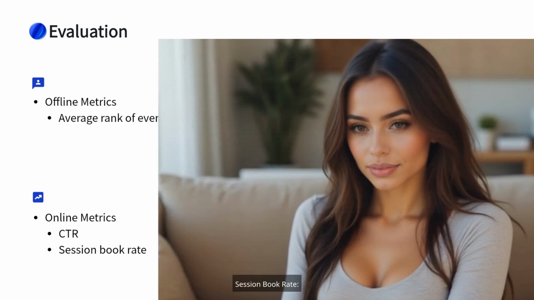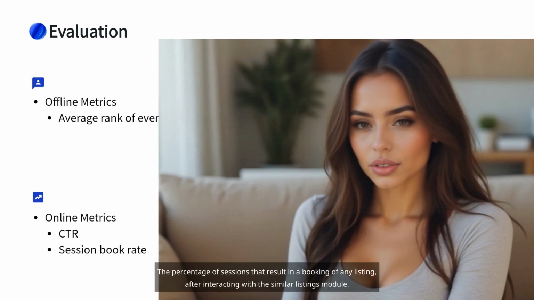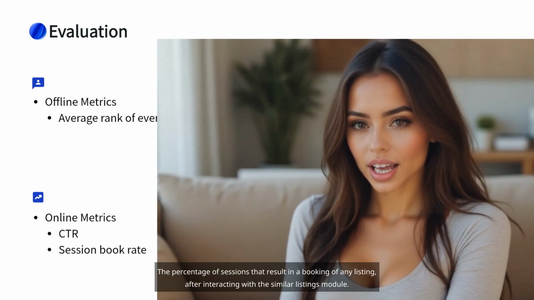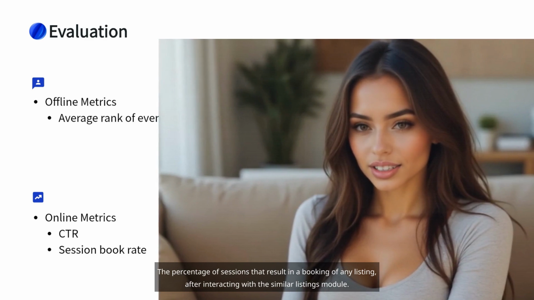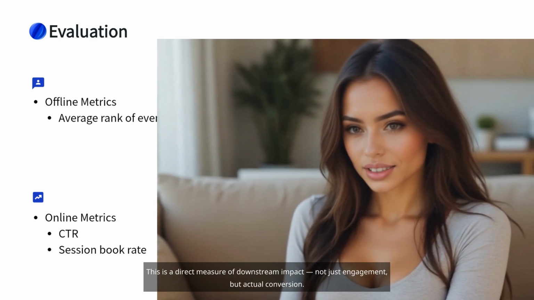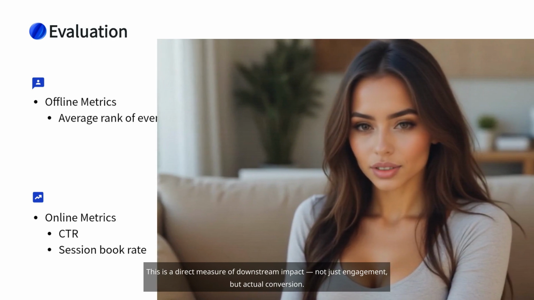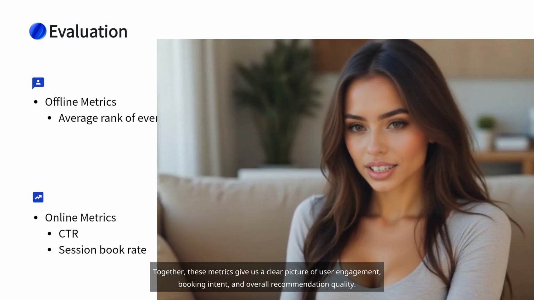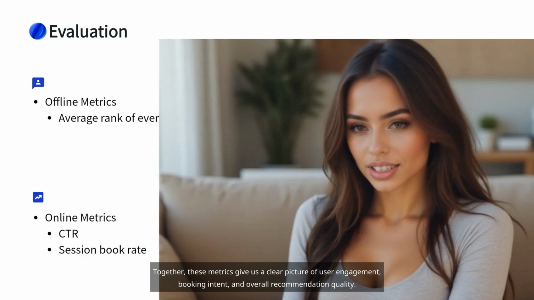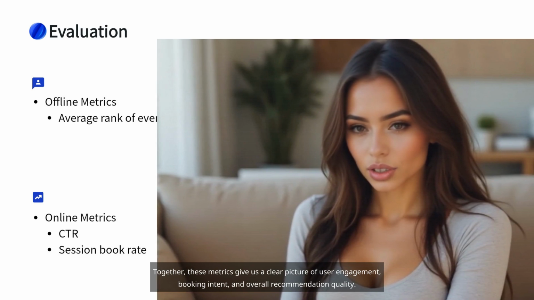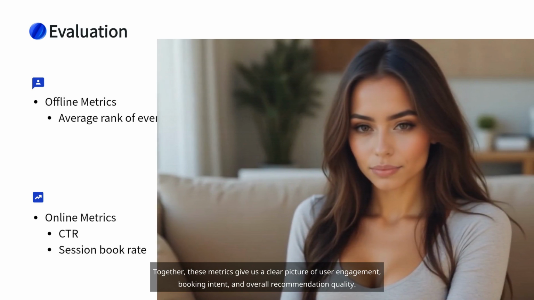Session book rate is the percentage of sessions that result in a booking of any listing after interacting with the similar listings module. This is a direct measure of downstream impact, not just engagement, but actual conversion. Together, these metrics give us a clear picture of user engagement, booking intent, and overall recommendation quality.